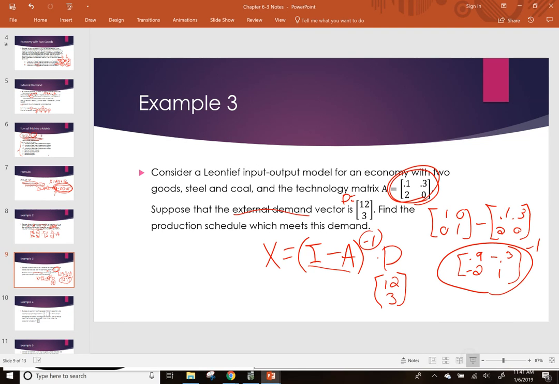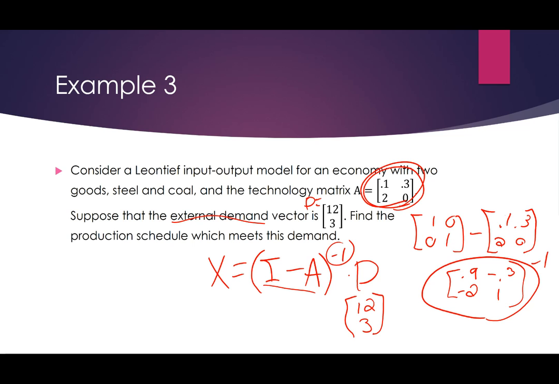So back to this. My inverse matrix that I just got was 10 thirds, 1, 20 thirds, and 3. So there you go.